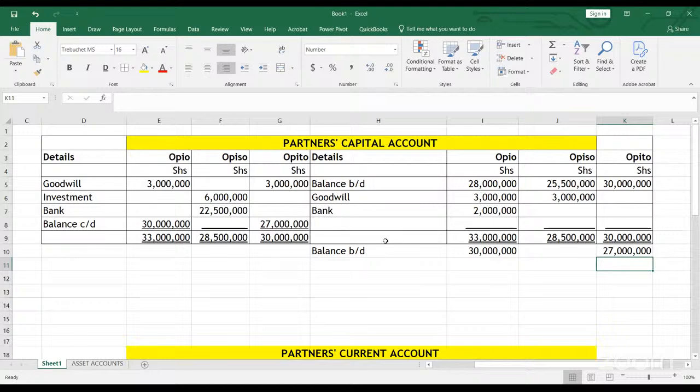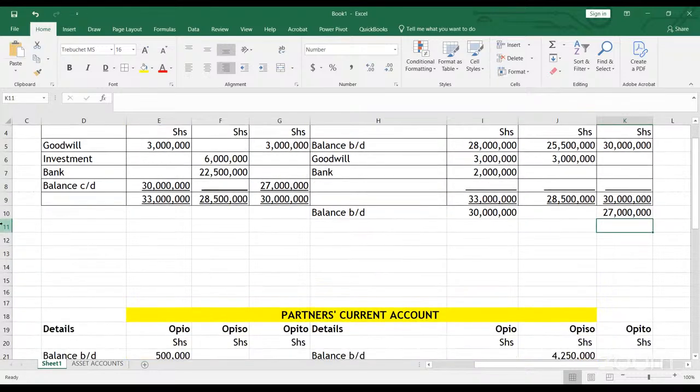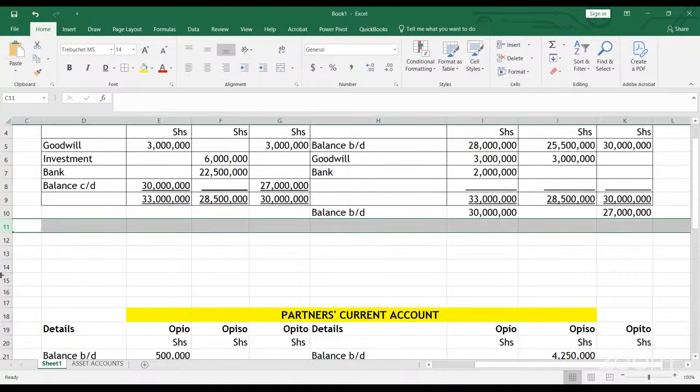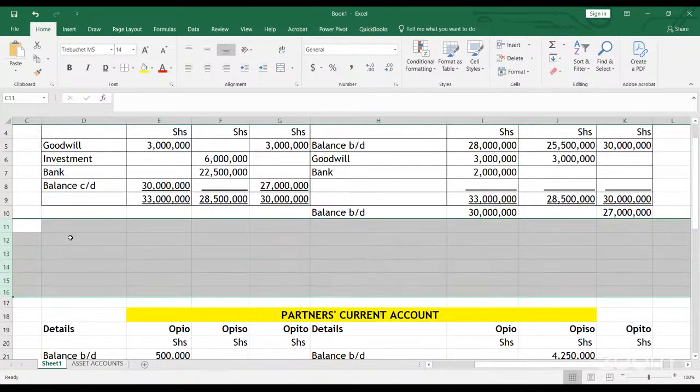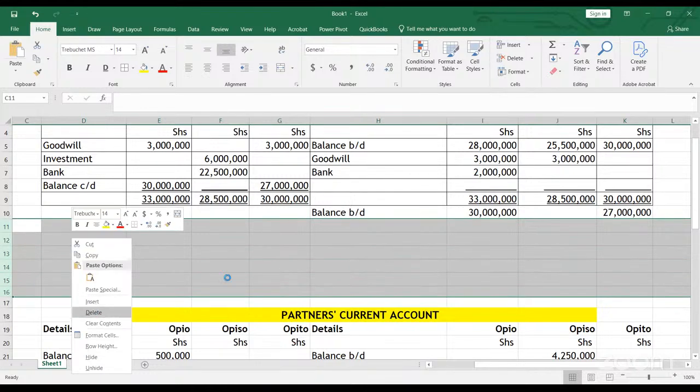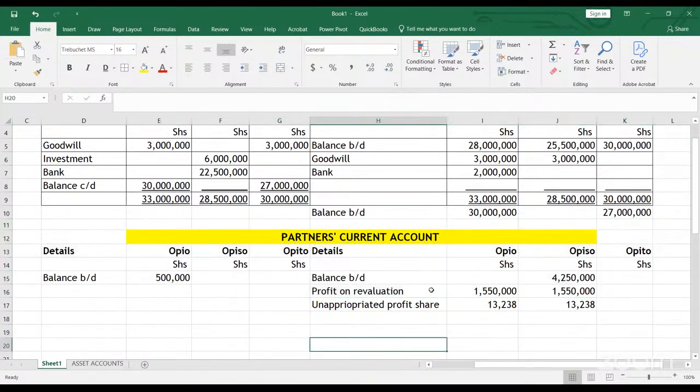Let's balance up the current account as well.